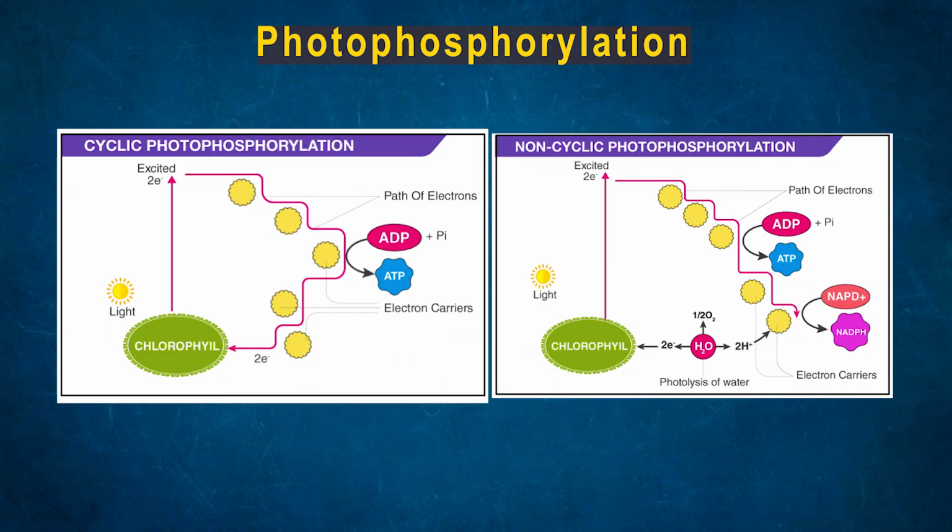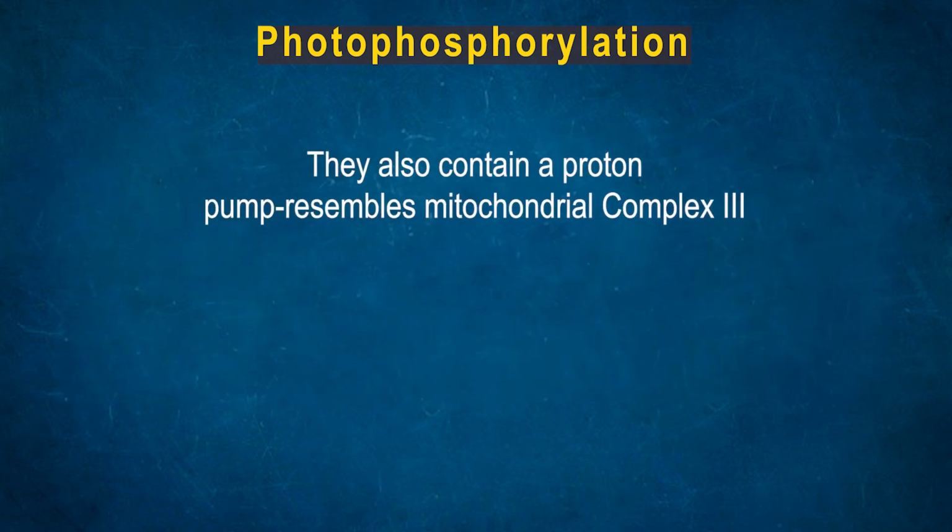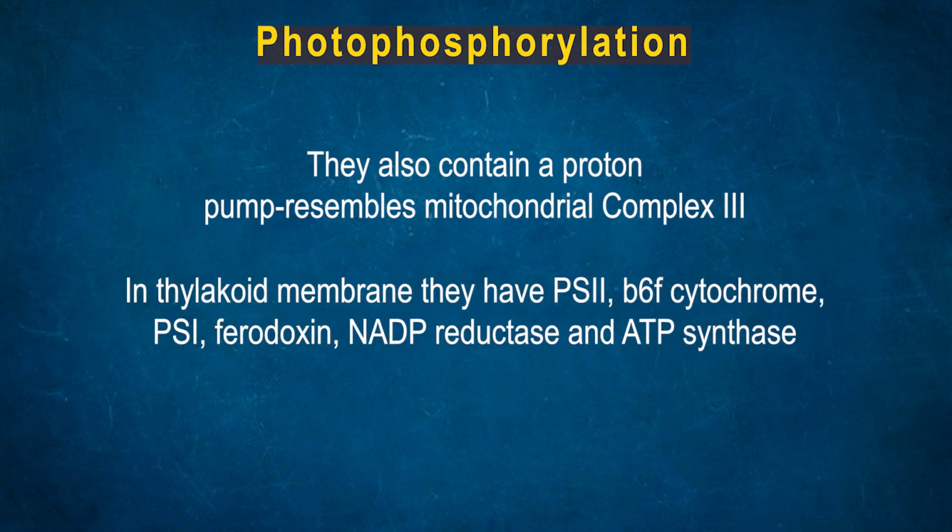Photosynthetic electron transport chains use mobile lipid soluble quinone carriers like phylloquinone and plastoquinone and mobile water soluble carriers like cytochromes. They also contain a proton pump resembling mitochondrial complex 3. Over the thylakoid membrane, they have photosystem 2, b6f cytochrome, photosystem 1, ferredoxin NADP reductase, as well as ATP synthase for ATP generation.